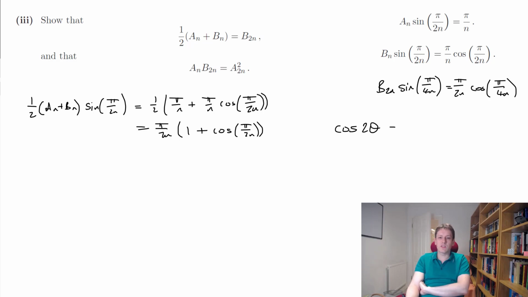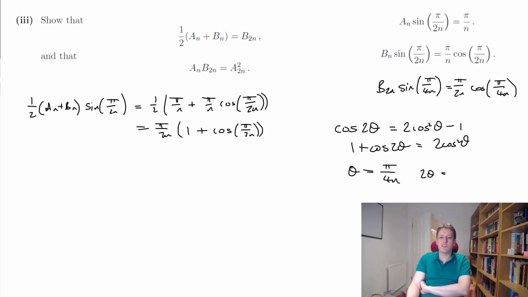One of them is that cos 2 theta is 2 cos squared theta minus 1, so 1 plus cos 2 theta is 2 cos squared theta. If I took theta here to be pi divided by 4n, so 2 theta is pi divided by 2n, then this 1 plus cos pi over 2n is just 1 plus cos 2 theta, which is the same as 2 cos squared of pi over 4n.